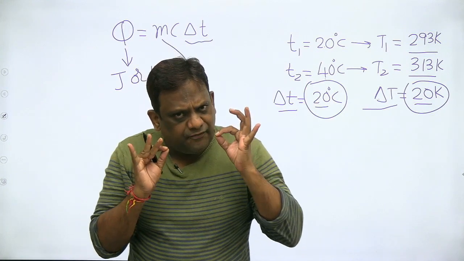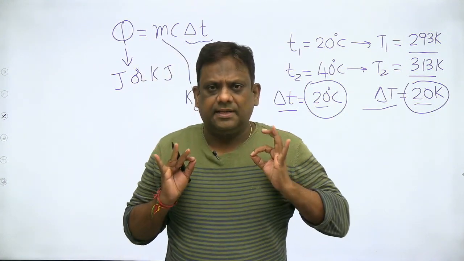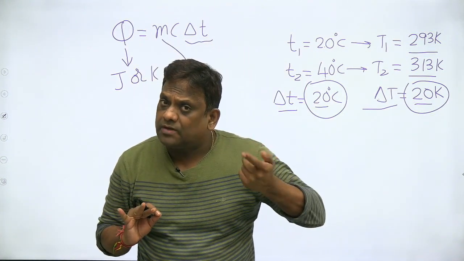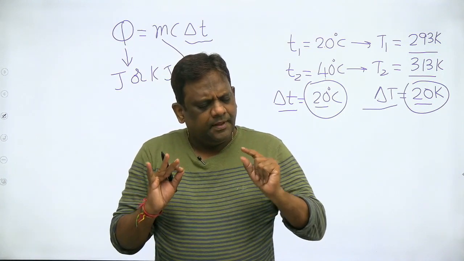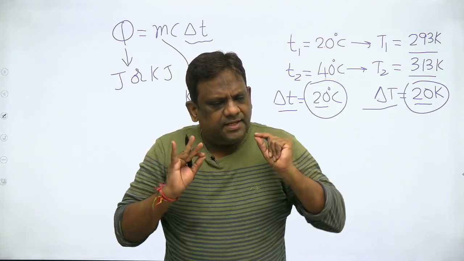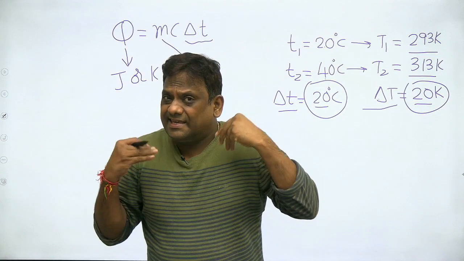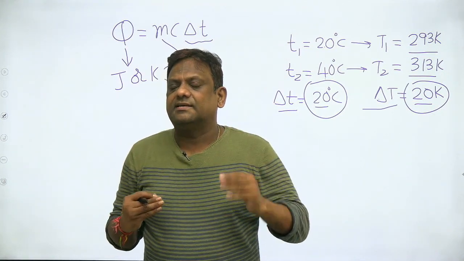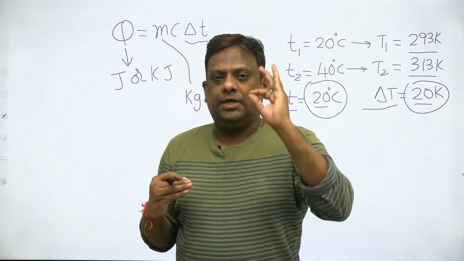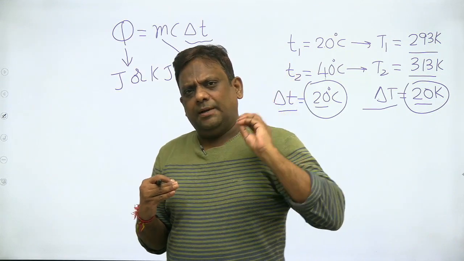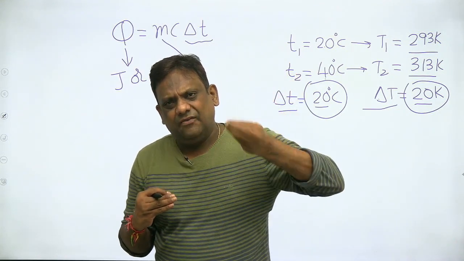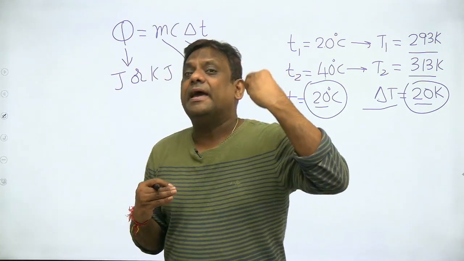For the first and last time I'm telling this, from next time onwards, I will not tell this. Whenever you want temperature difference, whether it is Kelvin or degree Celsius, it will be absolutely same.